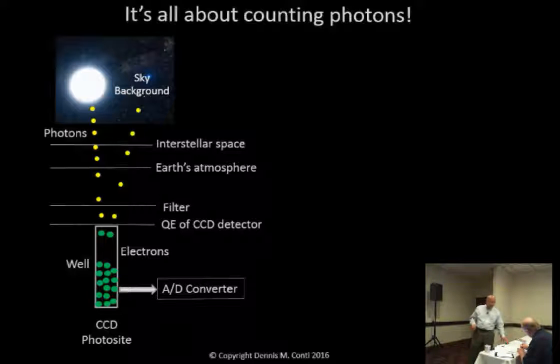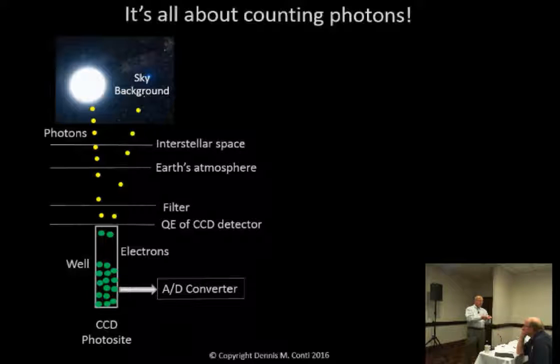By the way, I like to use the term photosite and not pixel, for this reason. If you look at a CCD detector, we traditionally call each little thing that's capturing photons a pixel. I use photosite because there's sometimes ambiguity between a pixel on the CCD detector and a pixel on the picture, which could be two or four of them binned together.